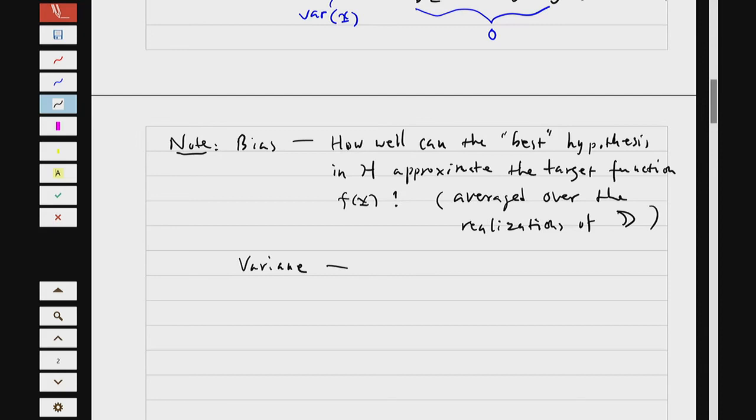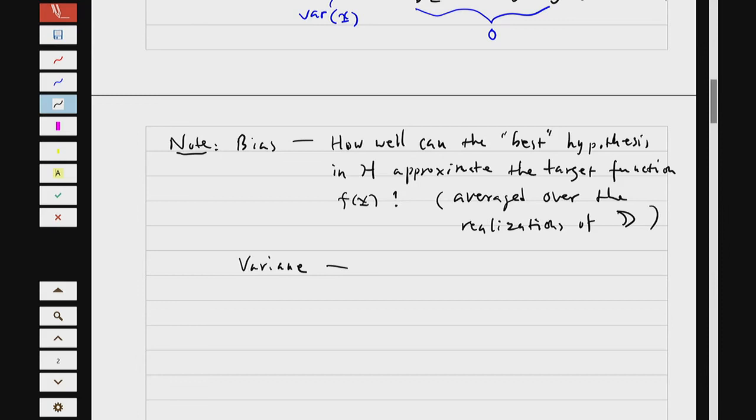The variance is how your final hypothesis changes corresponding to changes in your training data points. That's the randomness: the training data set is the randomness.